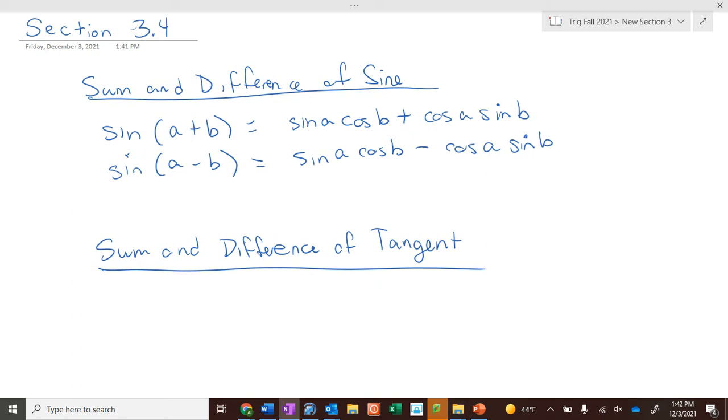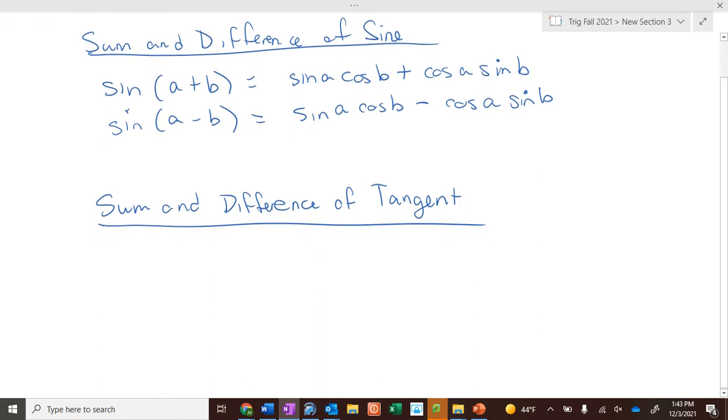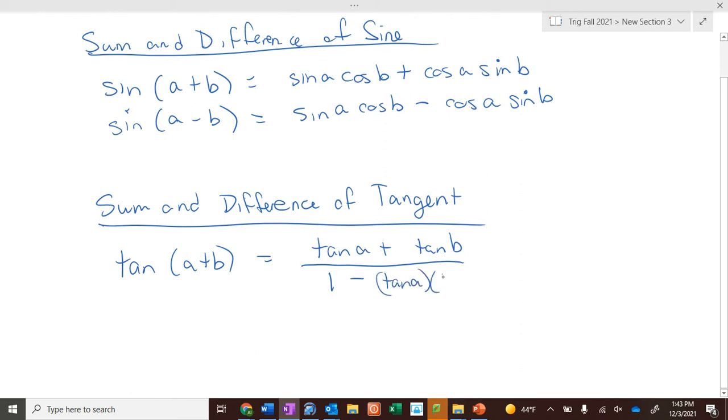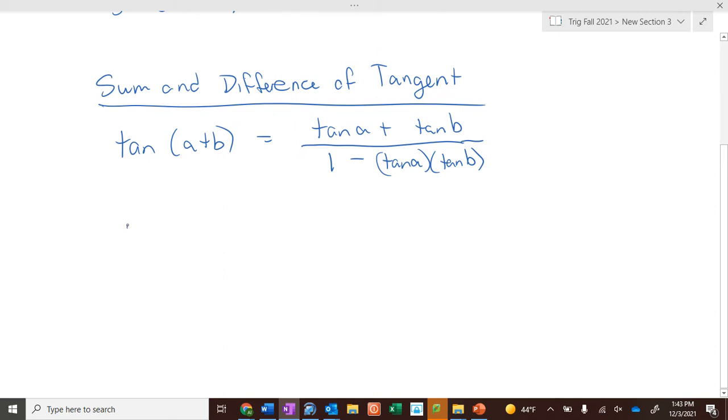The sum and difference of tangent is totally different than that. The sum and difference of tangent, if we have tangent of A plus B, is tangent of A plus tangent of B over 1 minus tangent of A times tangent of B. And the tangent of A minus B is the same thing, it's just the signs are switched around.